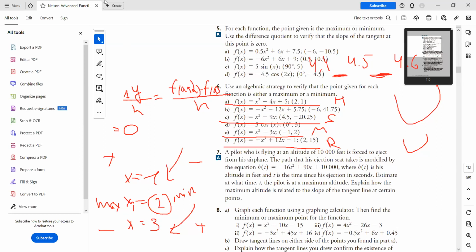Of course, you can use derivatives for your convenience to check if your calculator is right or not.